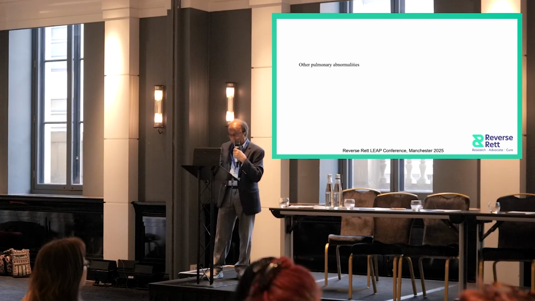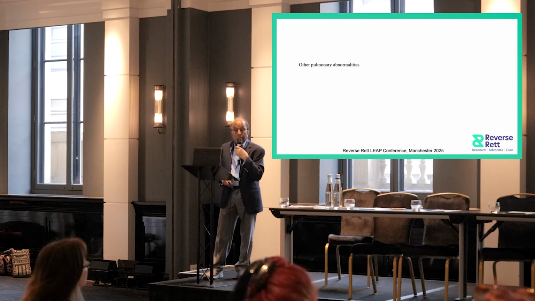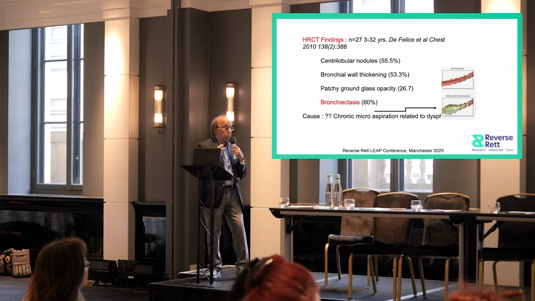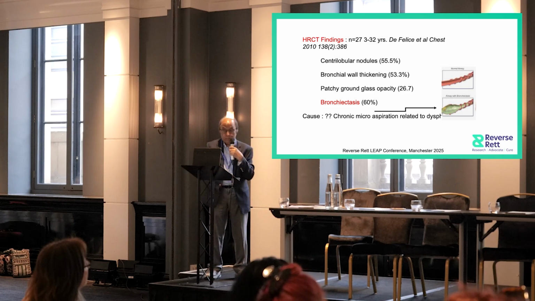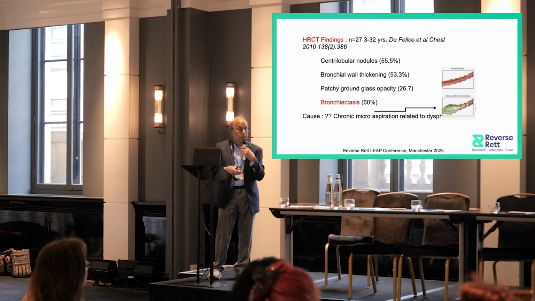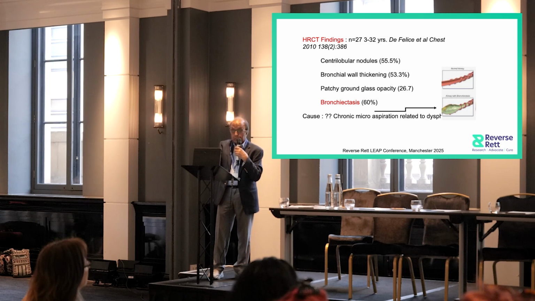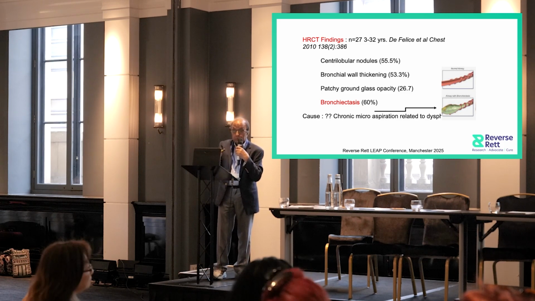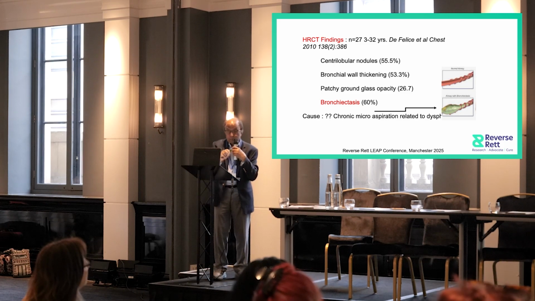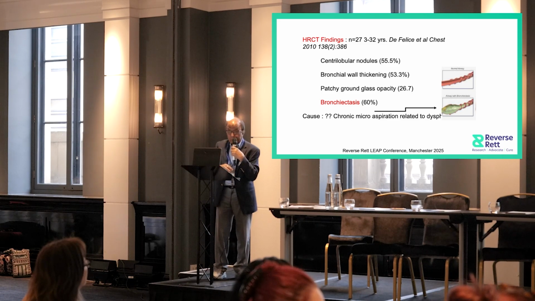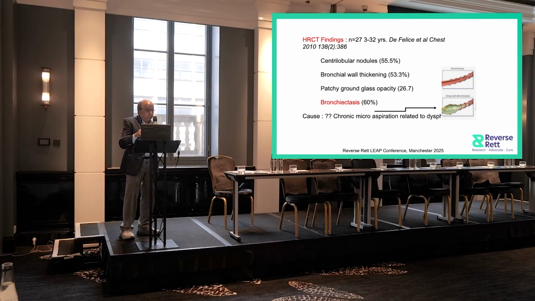Other pulmonary abnormalities have been reported in patients which are not usually visible. For example, you have to do a CT scan of the lung, and this study has shown some nodule formation in the lung, bronchial wall thickening, which we talked about earlier, and the main thing here was bronchiectasis.